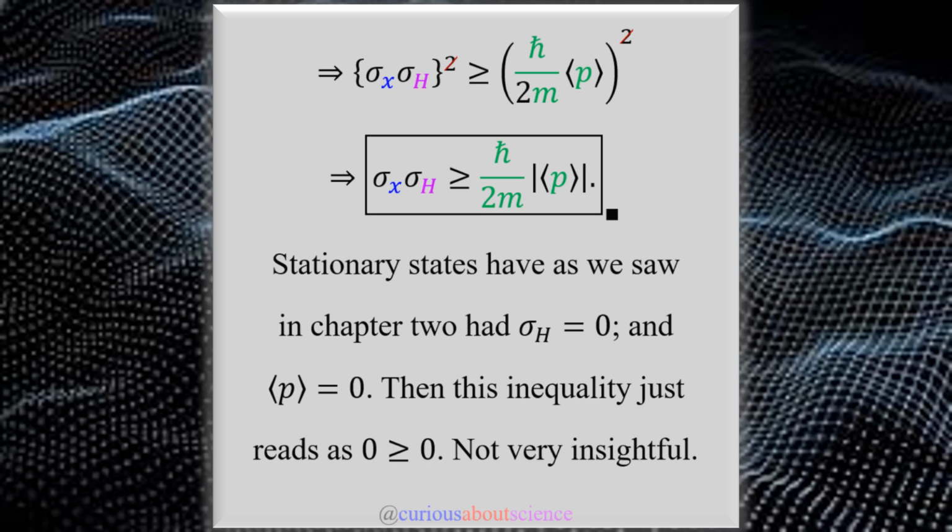And then on the right-hand side, if they're stationary states, we saw that the derivative of the position expectation went to 0 with the Ehrenfest theorem, or that the momentum expectation value was 0 due to odd integrals. Either way, you get 0 there. So you have the inequality that reads 0 is greater than or equal to 0, which just is not insightful. It's not exactly anything useful for us. So kind of lame there, but again, quick problem, easy problem.